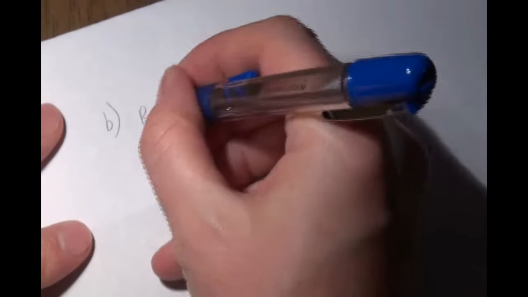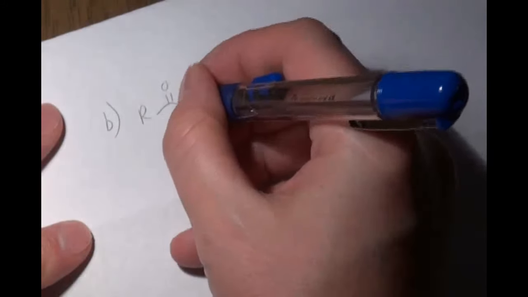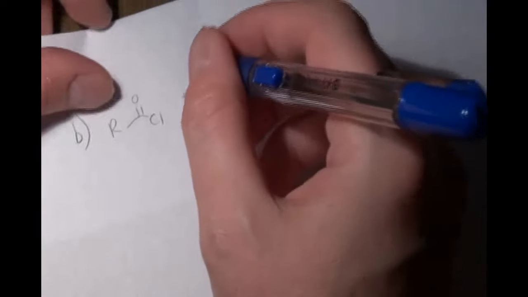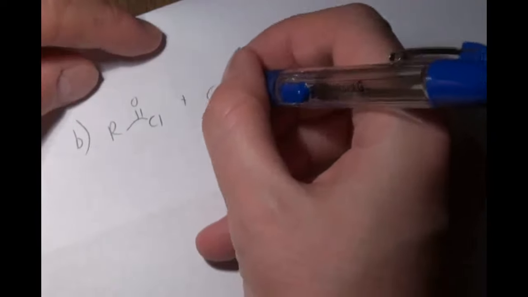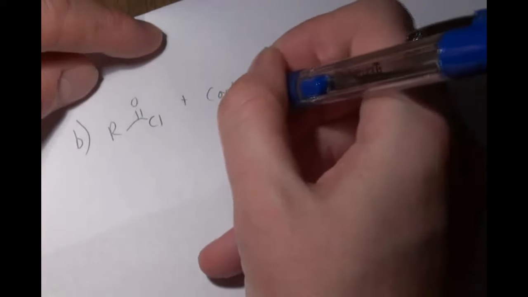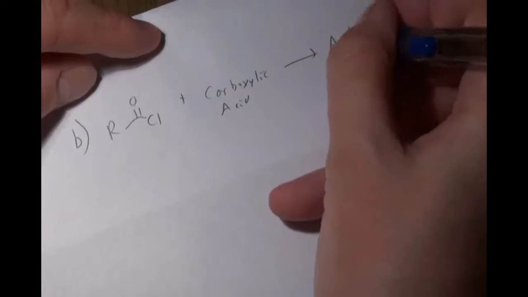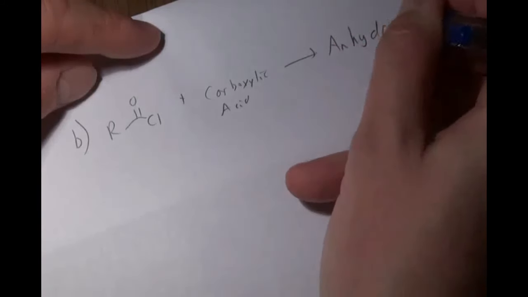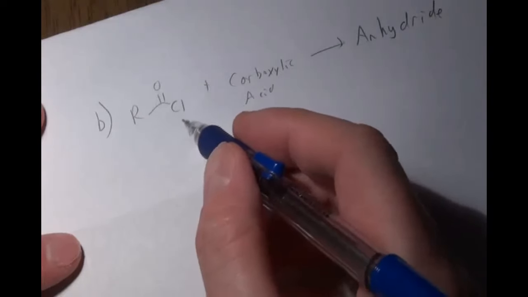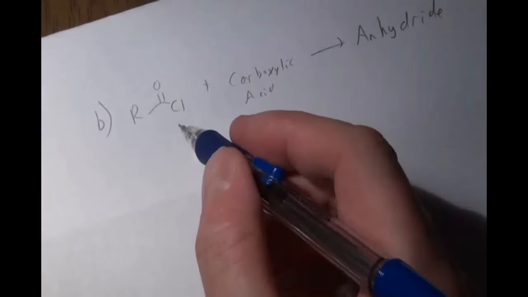Now, how can we maybe use acid chlorides plus a carboxylic acid to make an anhydride? It's very easy, given the fact that the chloride is a very good leaving group.